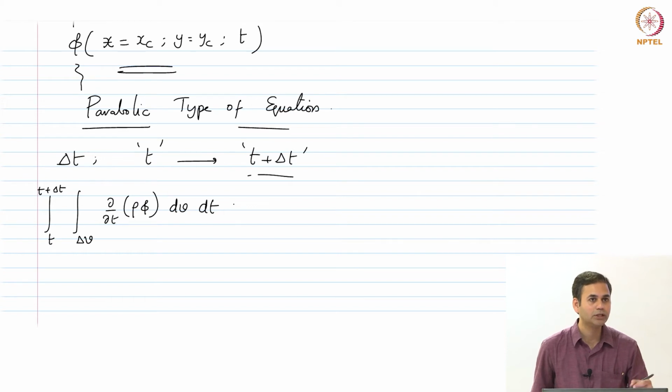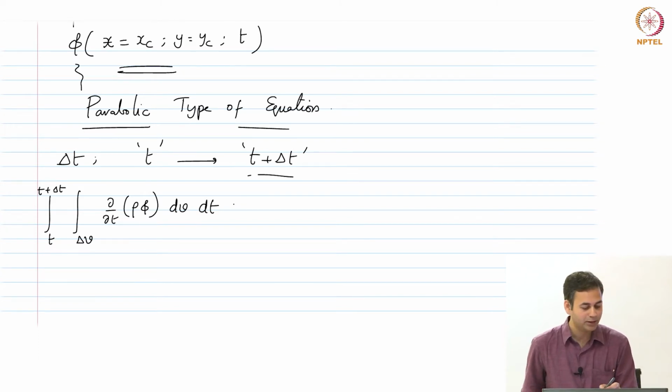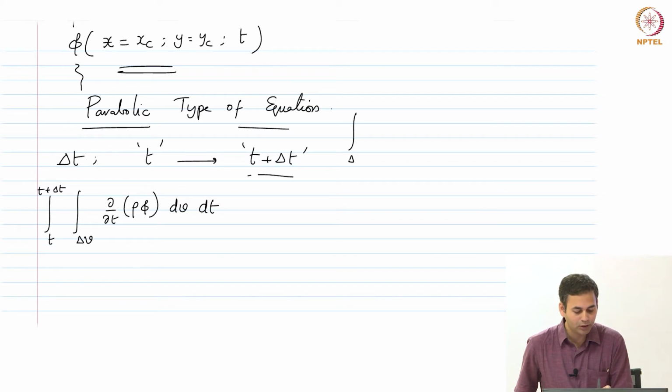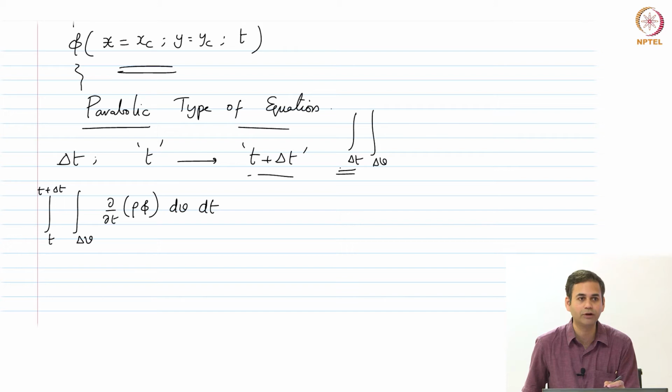I am integrating both on the control volume and also in time, t to t plus delta t. I can also shorten this and write, instead of integral t to t plus delta t, integral over delta t, integral over delta volume, right. We understand delta t is basically going from some time t to the next time t plus delta t, okay. What else is there on the left hand side? Any other term? No other term. We have to move to the right hand side.